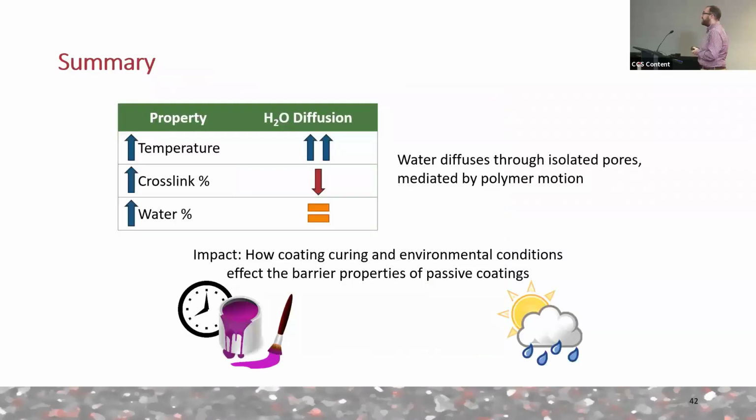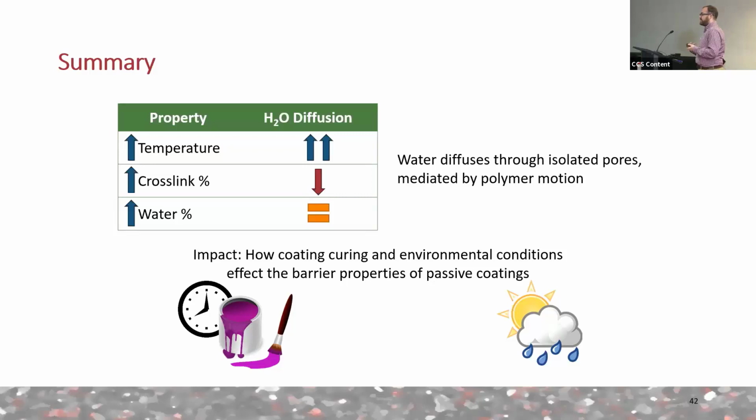So in summary, using molecular modelling, we've managed to identify the diffusion mechanism of water through an epoxy resin coating. It diffuses through isolated pores that is mediated by the polymer motion. The water diffusion increases with increasing temperature, but it decreases with percentage crosslink.